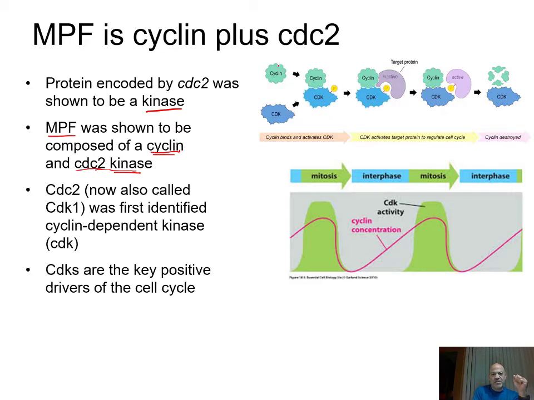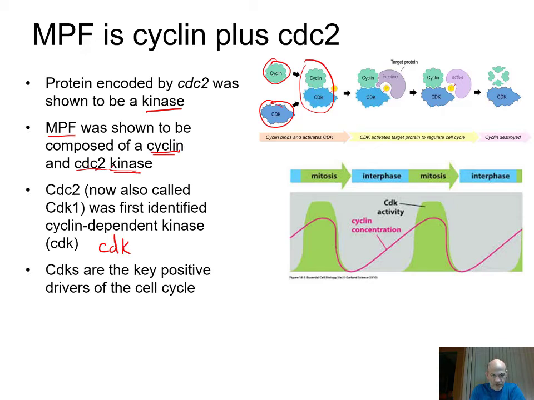So to look at the diagram here, you would have a cyclin that's increasing in concentration, and you have your CDC2 kinase, and then they combined together to make this complex. Okay. Now the CDC2 kinase, they're going to refer to them as cyclin-dependent kinases in general, or CDK for short.